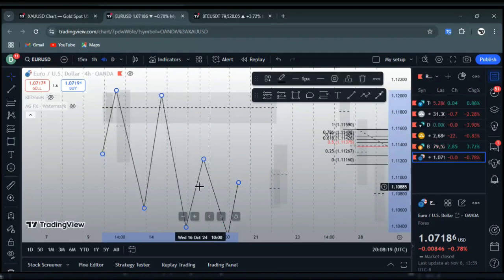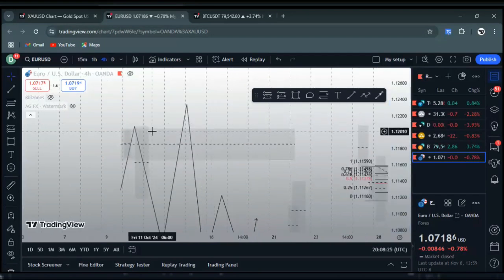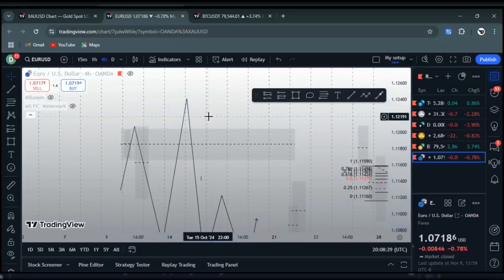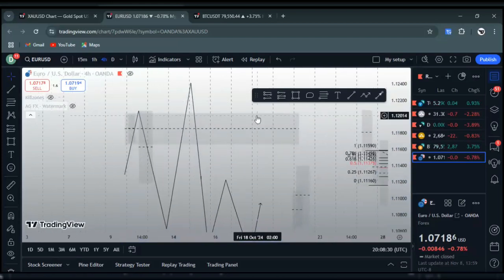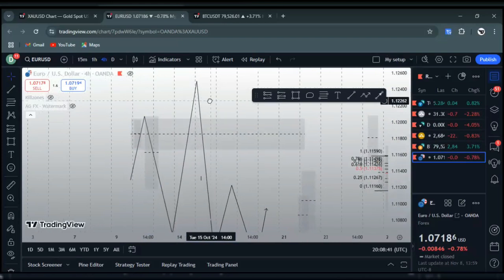And the market does this, boom, the market just invalidates it and closes with the body of the candle, not even the wick. So when the market comes and ignores this valid order block and just closes above with the body of the candle, this zone is what we call breaker block.